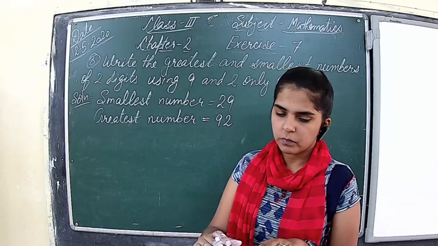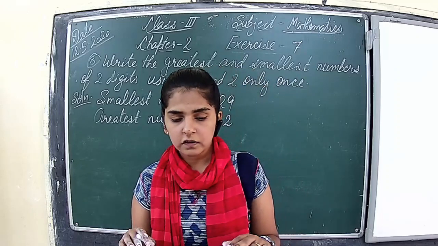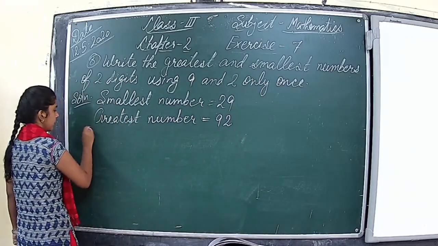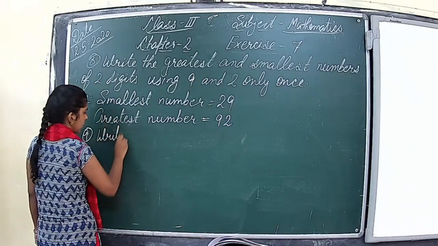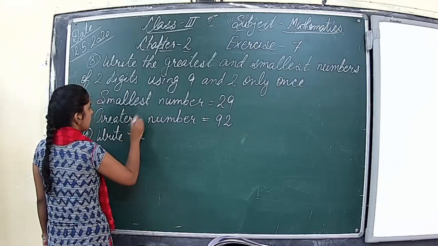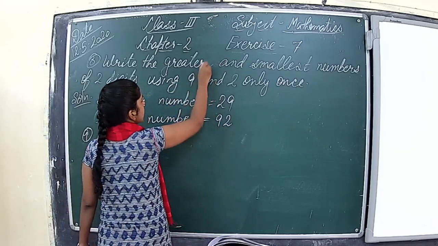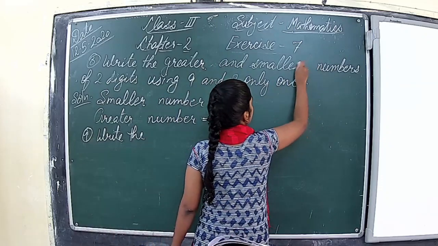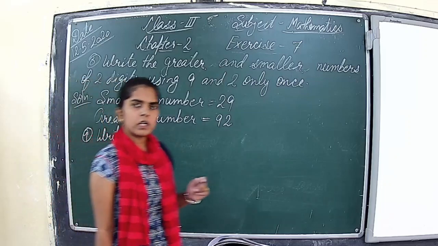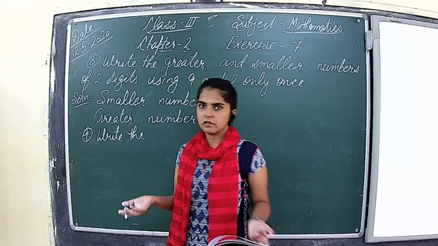Next question, question number 9. Write the smallest and greatest numbers of 3 digits using each digit only once. See students, in the previous question there was a smaller and a greater number, because with 2 digits we can form only 2 numbers, so there is not the concept of greatest and smallest.